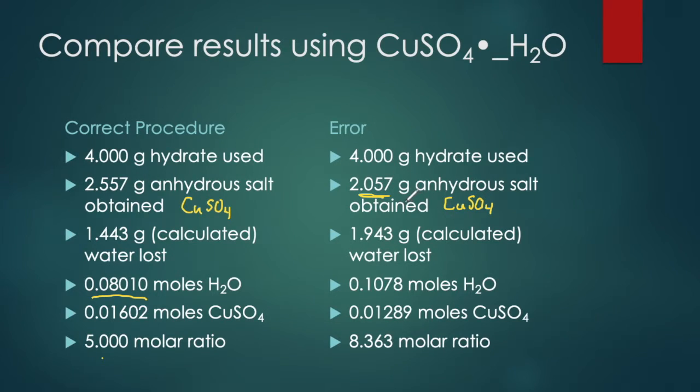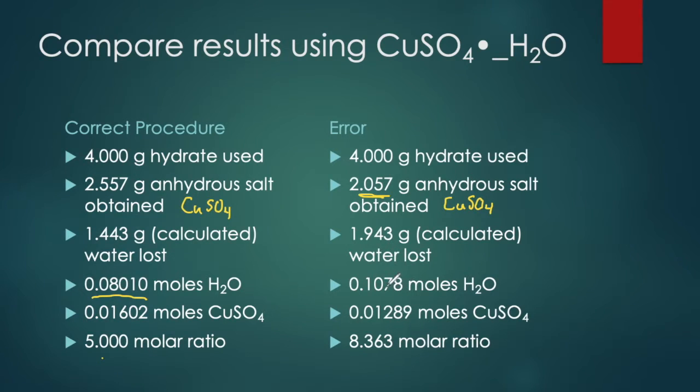Instead, you were reporting that you got 2.057 grams. When you do this subtraction, the amount of water that you say was lost is going to be too high. So you are thinking that the water got driven off when in fact just some stuff got spilled onto your bench. So this number is going to be too high.